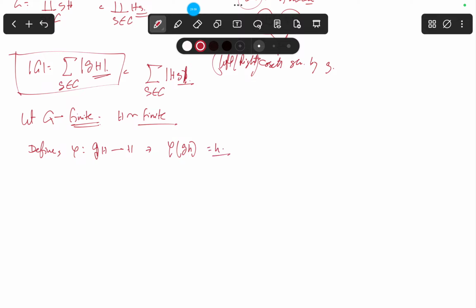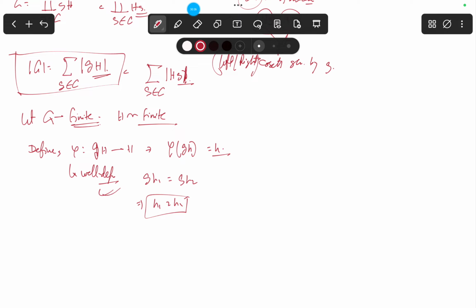So is it a well-defined function? Your well-definedness is basically given by, let's say, gh1 is the same as gh2. We can multiply by g inverse in both cases from the left side. Then you get that h1 is the same as h2. Right?